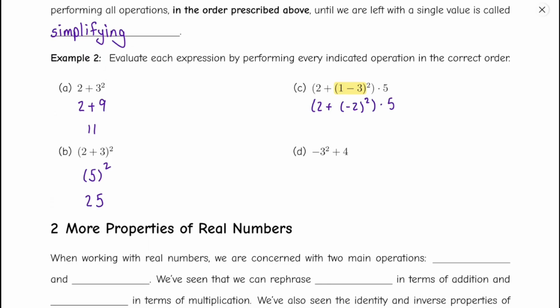Now there is still a set of parentheses, so we have to do what's inside the parentheses first. But once you're inside the parentheses, you still have to do the order of operations. So the exponent comes next. Negative 2 squared is 4. Then we can simplify the parentheses all the way. 2 plus 4 is 6. And then 6 times 5 is 30.